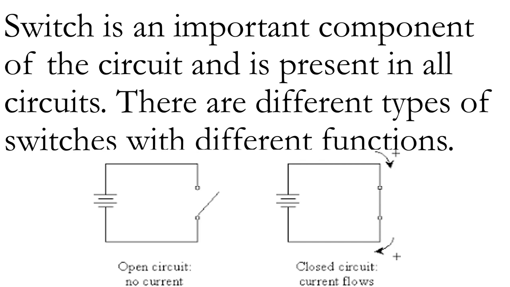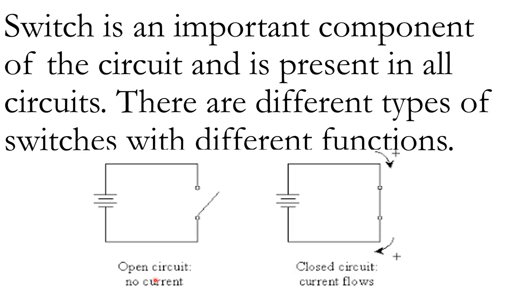Students, the switch is an important component of the circuit and is present in all circuits. There are different types of switches with different functions. Let us now look at the two types of switches.